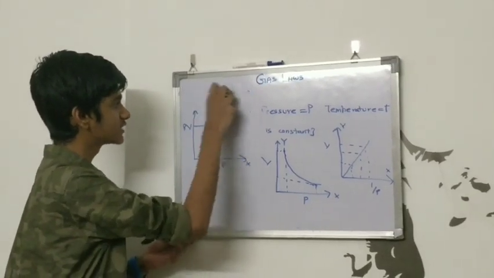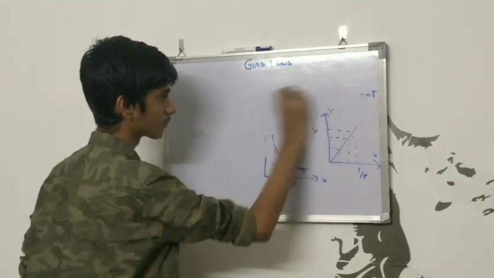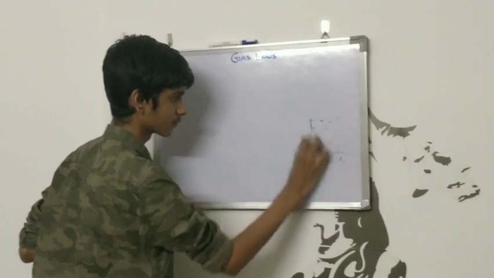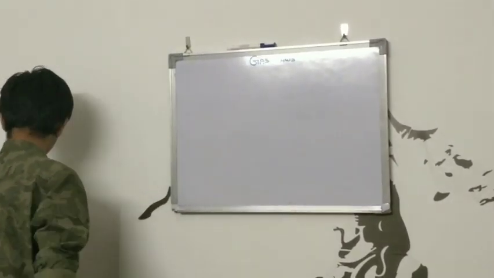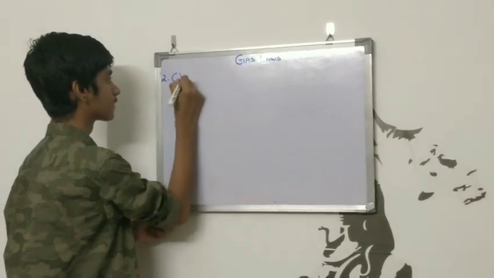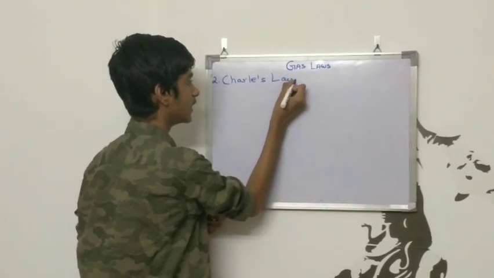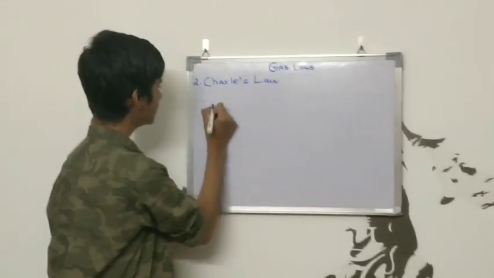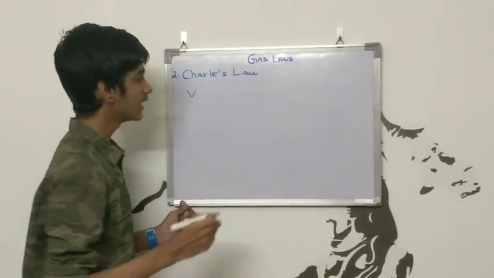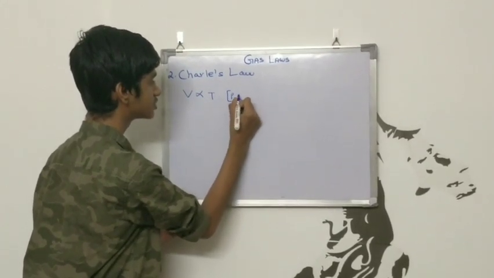So let's move to the next law, that is Charles's law. Charles's law states that if you have a gas with volume V and the temperature is T, then V is directly proportional to T when pressure is constant.